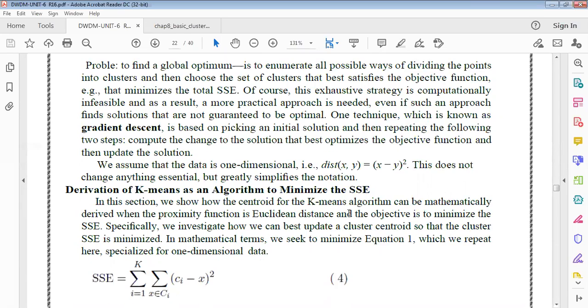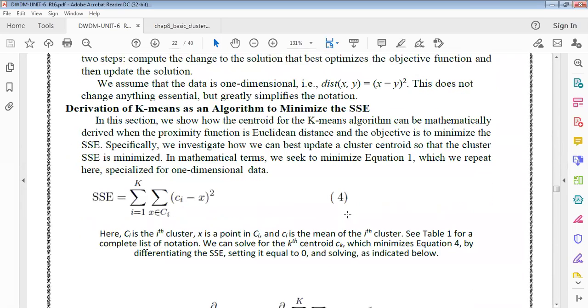The derivation of the k-means algorithm minimizes the SSE: the summation of i equal to 1 to k, over x belonging to C of i, of the squared distance between c of i and x.